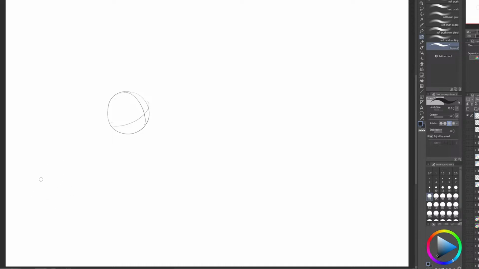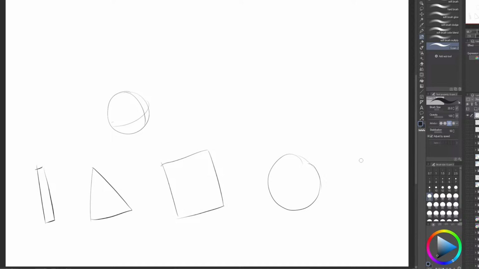Is it going to be a strip of fabric that's going to give us a piece of information, a triangle of fabric, a square of fabric, and even a circle of fabric, or a cross of fabric, whatever, right? And then just testing what they do when you pass them over this form.